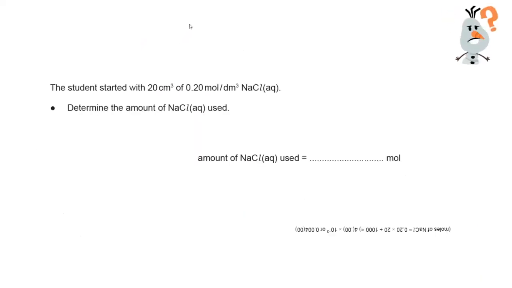Okay, another question. A student started with 20 cm cube of 0.02 mole per dm cube NaCl. Determine the amount used. Amount means the moles. As I mentioned here, we are finding the moles. So first thing you have to understand is what is given to you. 20 cm cube, what is this?